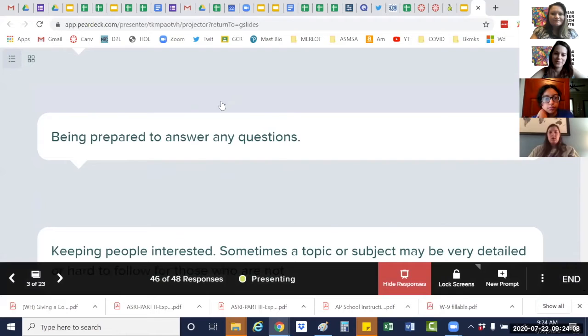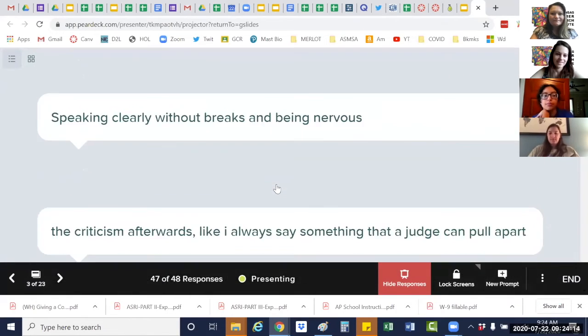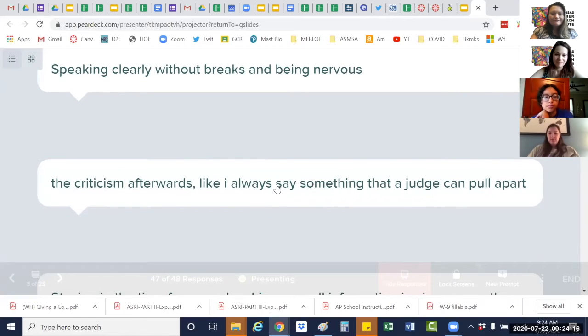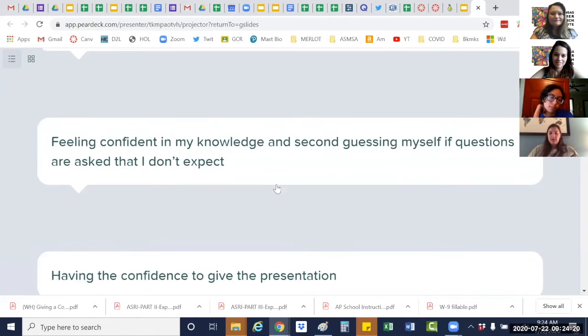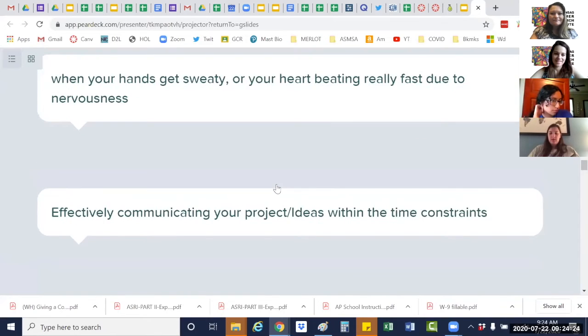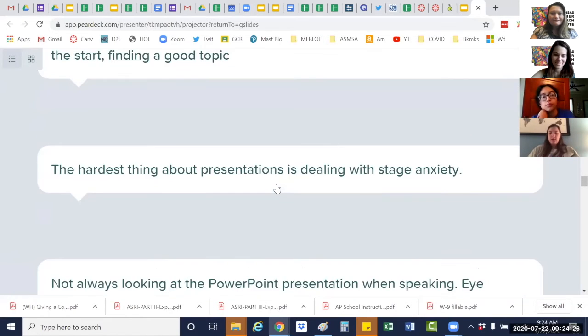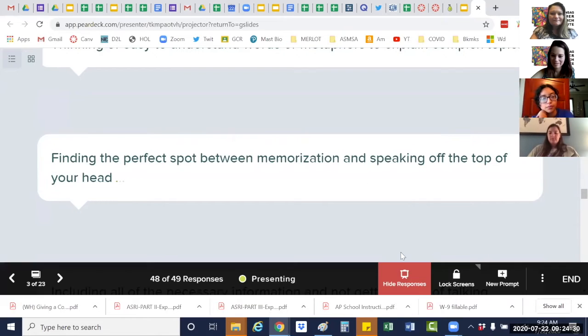This was always hard for me because I felt like, what if I just get that curveball question and I don't know the answer and I look silly? Having something the judge pulls apart, wanting to have confidence. Yeah, these are all, I think you can see that nobody says that there's nothing hard about it, right?